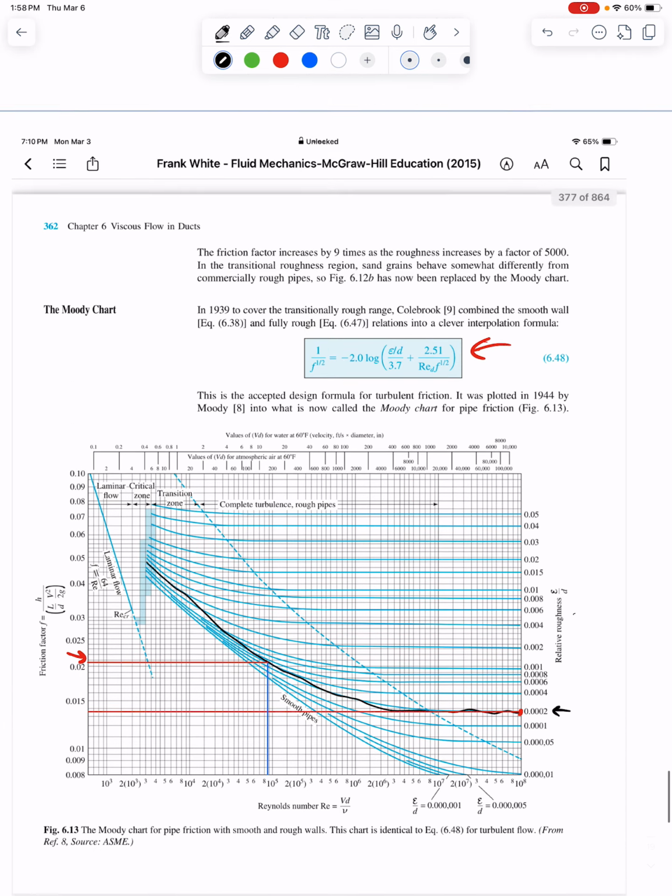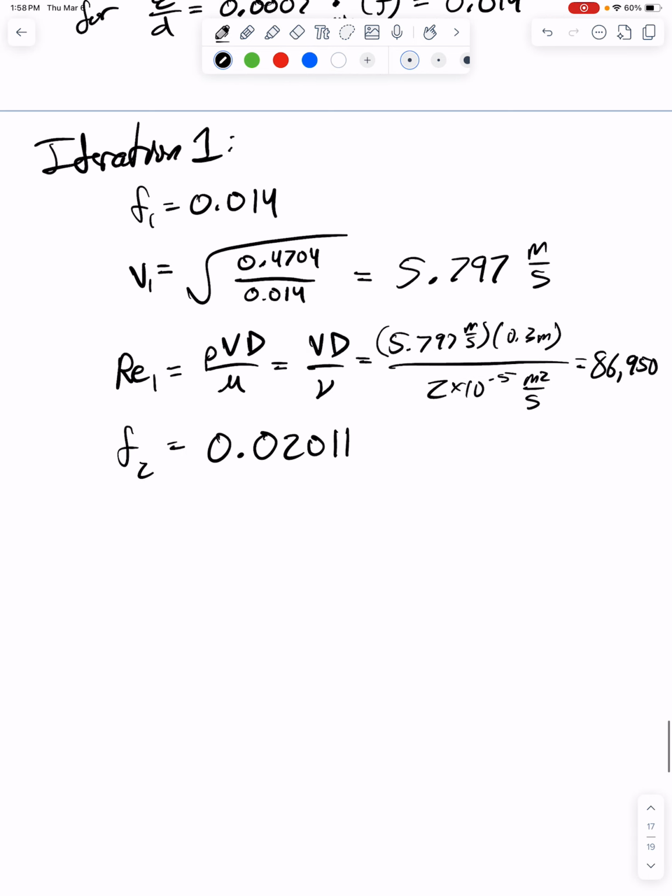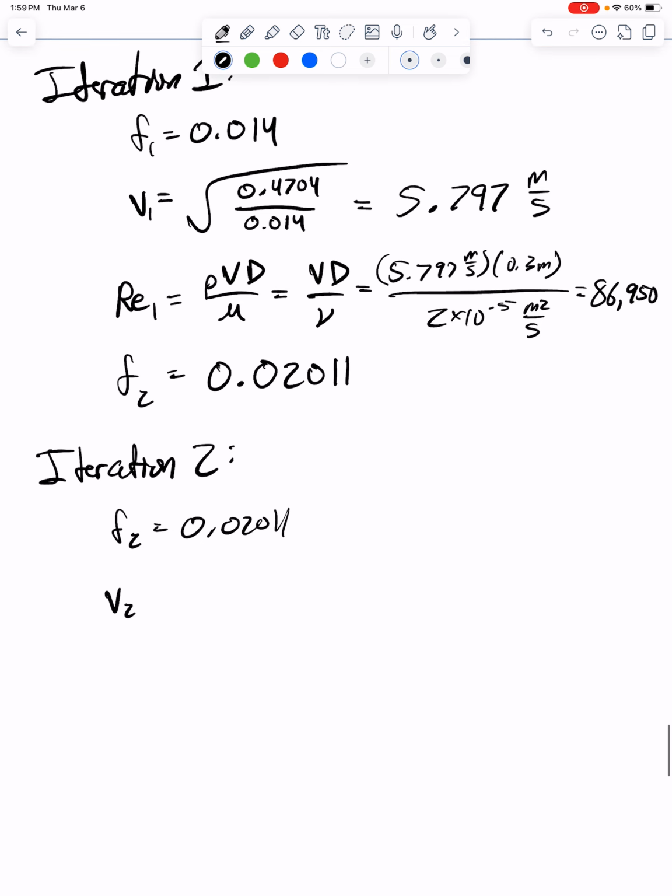And let's check that. The way we check that is we iterate again. So iterate again. Based on this friction factor, what is the associated velocity based on our equation?